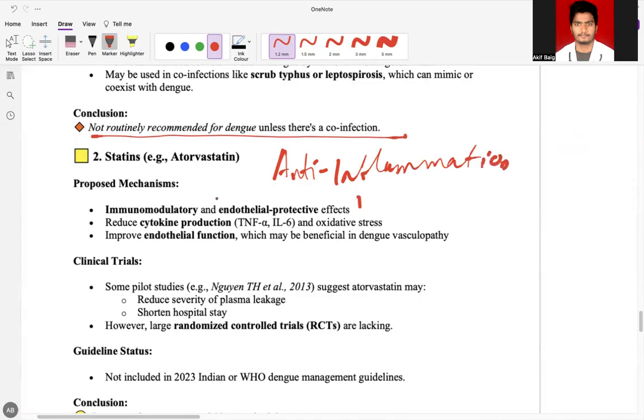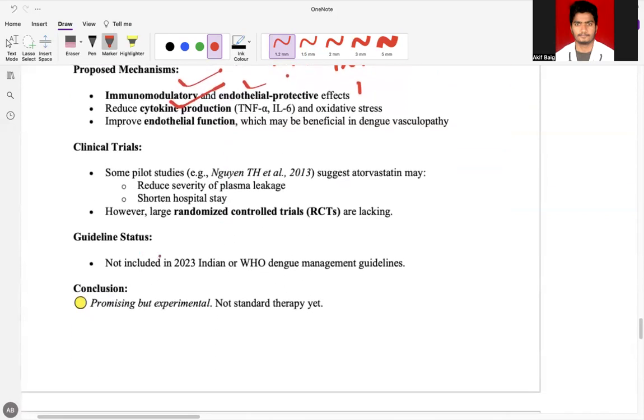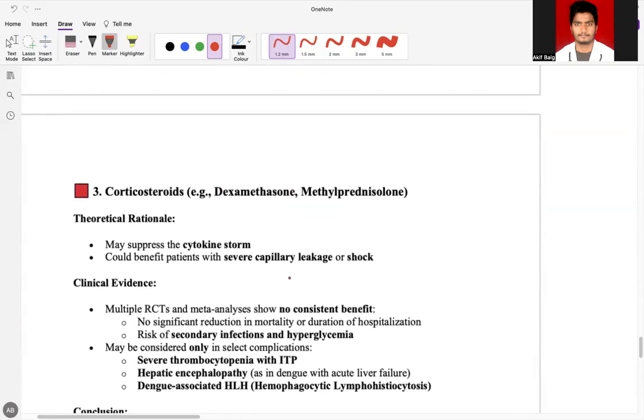Basically, the mechanisms are immunomodulatory and endothelial protective effects, reducing cytokine production and improving endothelial function. However, they are not included in the 2023 Indian or WHO dengue management guidelines. Promising but experimental, not standard therapy yet.